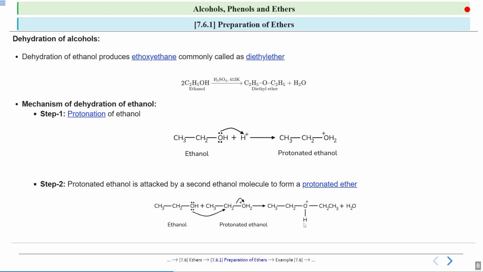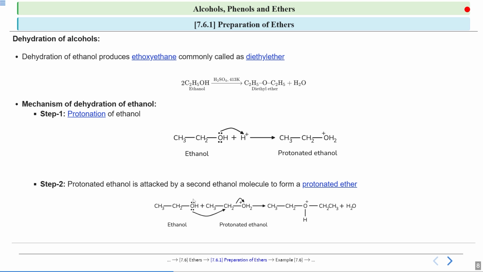So now we have formed a protonated ether. See here, CH3CH2O, and this hydrogen is here, and your CH2CH3 group has been attached and water has left, and this oxygen now has a positive charge. So see here, ether has been formed. On one side you have an alkoxy group, on the other side you have an alkane group.